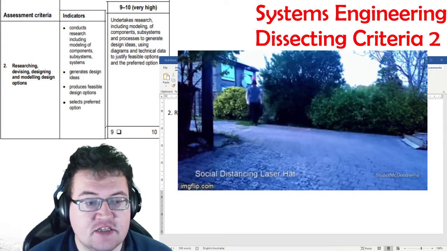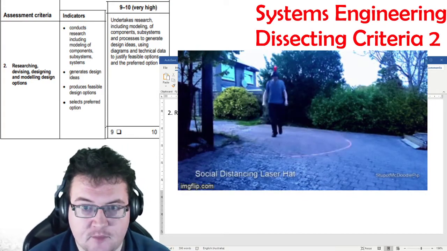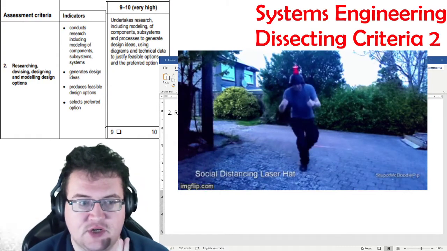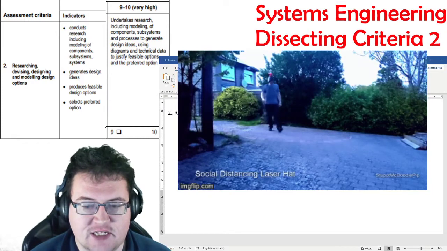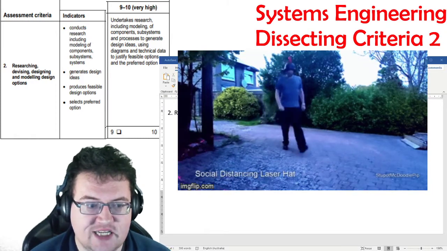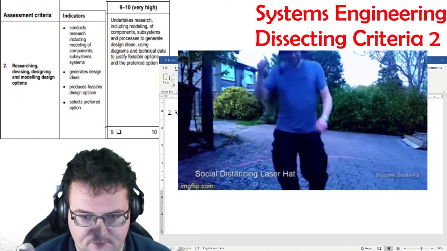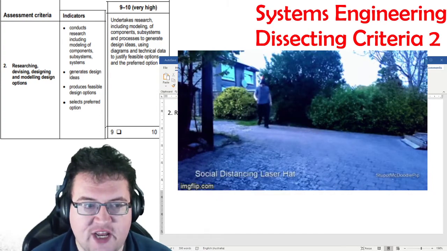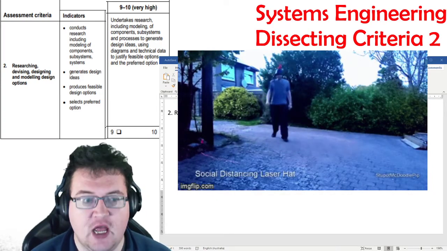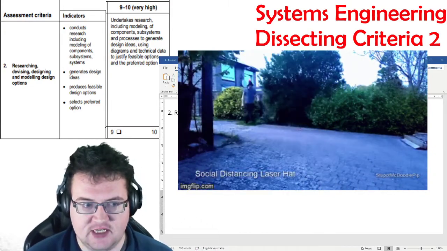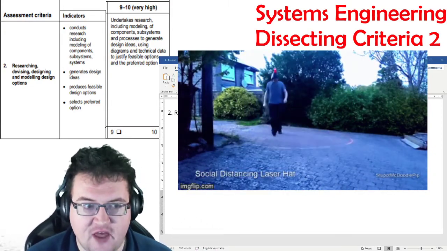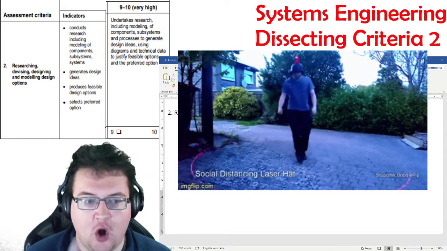Now, in the context of 2020 students, what you will need to do is operate under the assumption that you are still making the whole thing. All right, so your 3 design options should be a complete system, a complete project. And then as part of that, you will select the preferred option.